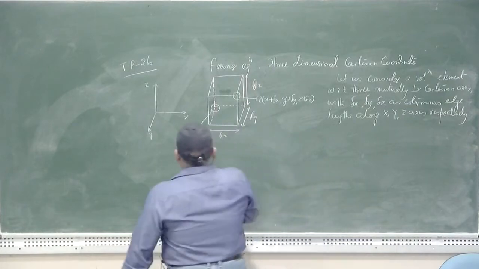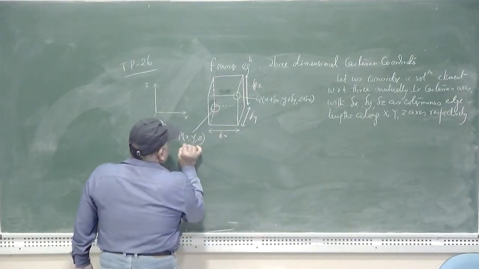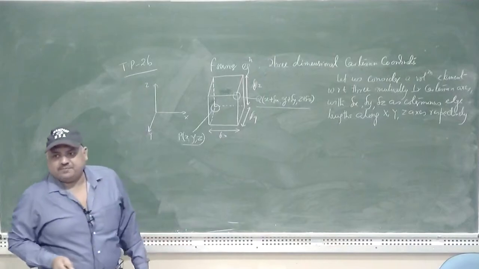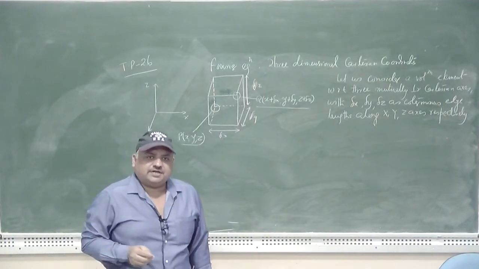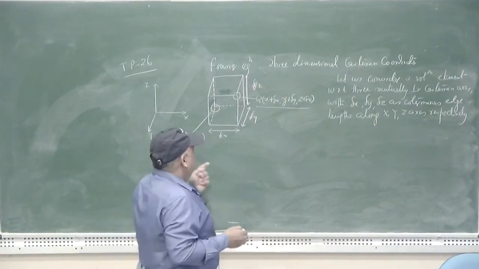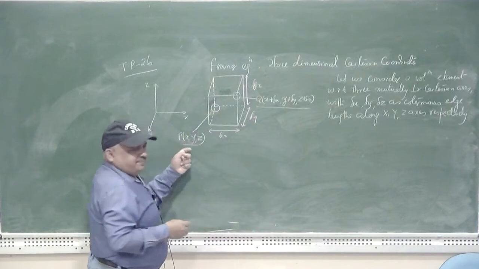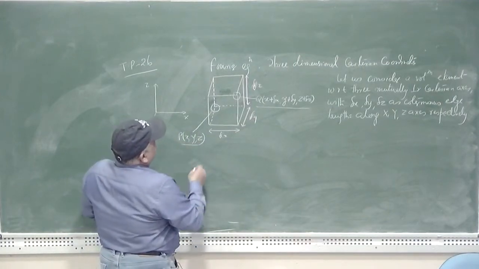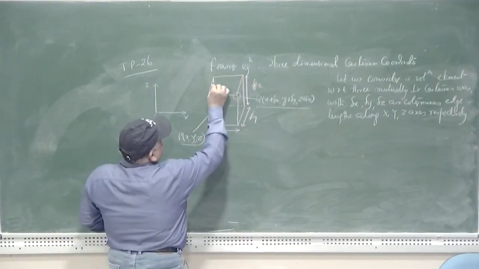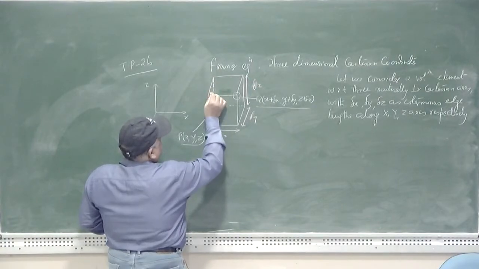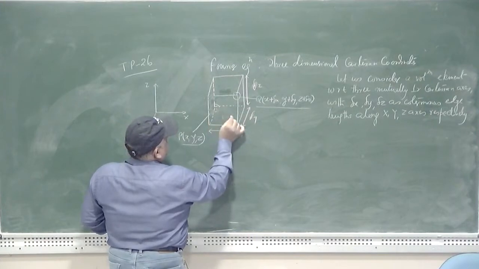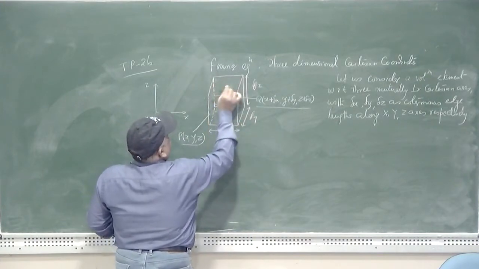Now let us define these 2 points, that is P(x, y, z) and Q(x plus delta x, y plus delta y, z plus delta z). If you visualize this point P(x, y, z), it is the meeting point of 3 surfaces, this one, this one, and this surface.